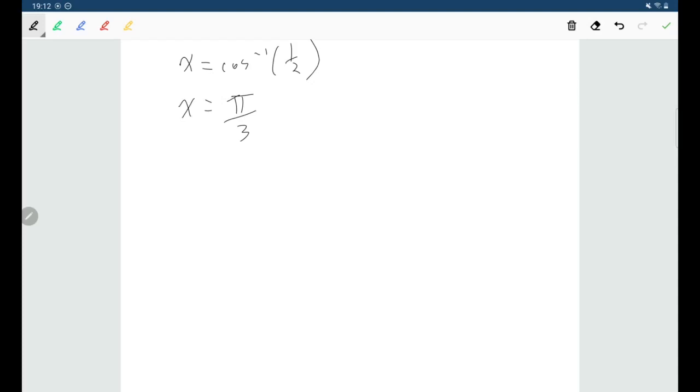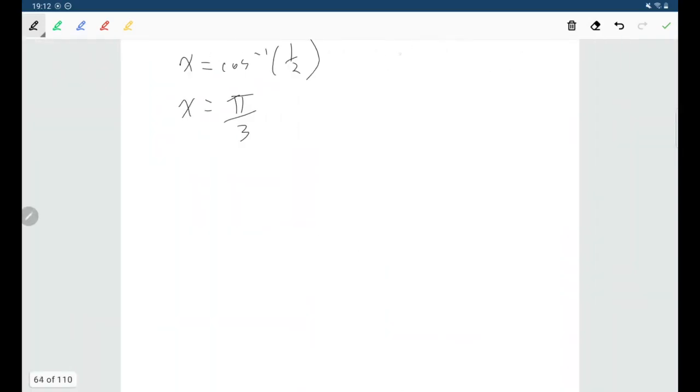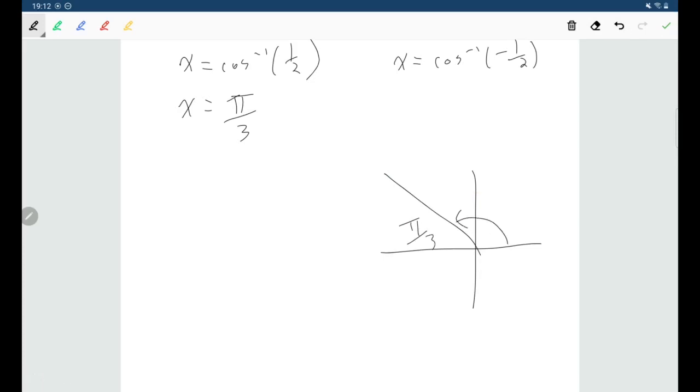For the other one that we have, which is at cosine of x being equal to negative a half, or x being cosine inverse of negative a half, we know that if one of the solutions that we found that gave us positive a half was at pi over 3, then the solution that gives us negative a half would be at 2 pi over 3. So another solution that we get here is 2 pi over 3.